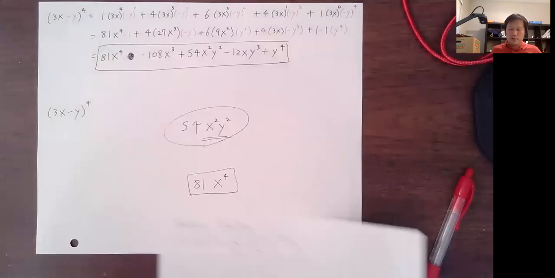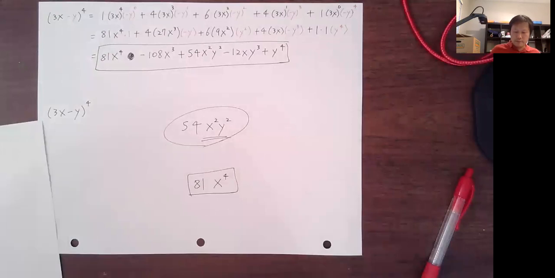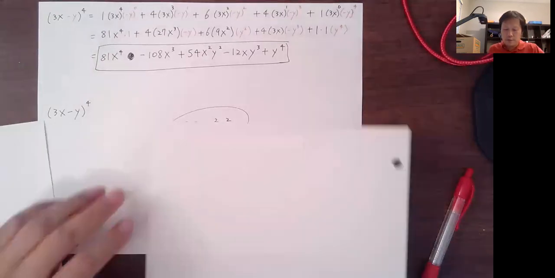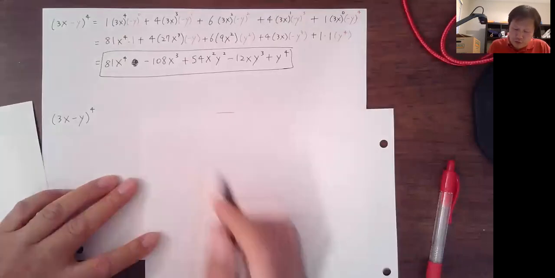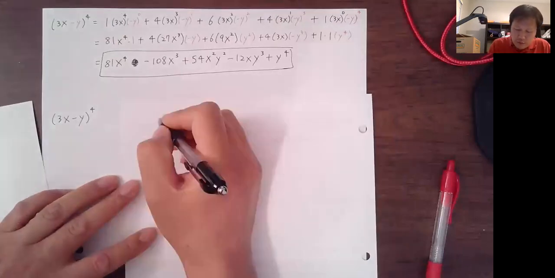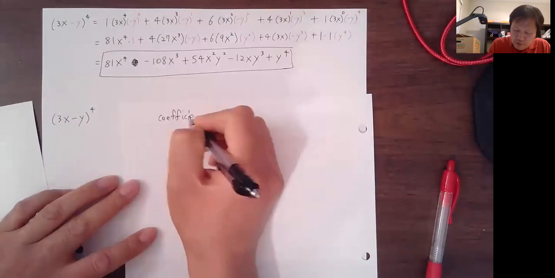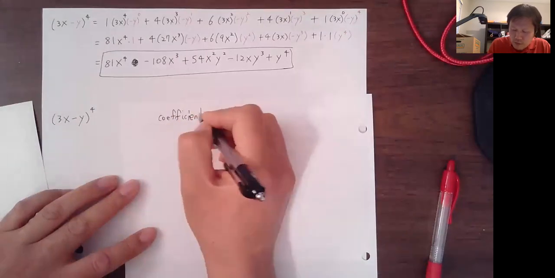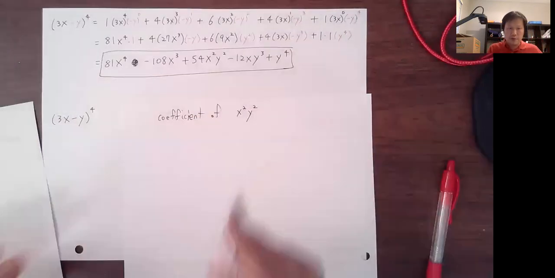So let me just test run for you what I meant by using the formula. With this particular example, what if I asked you, find the coefficient of the x squared y squared term? What if that was the question?